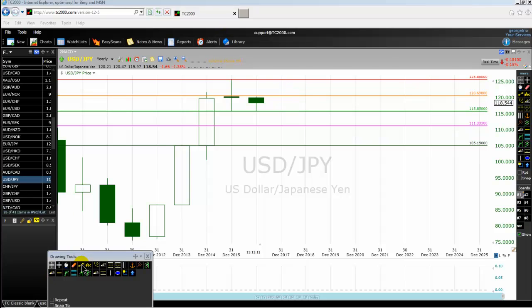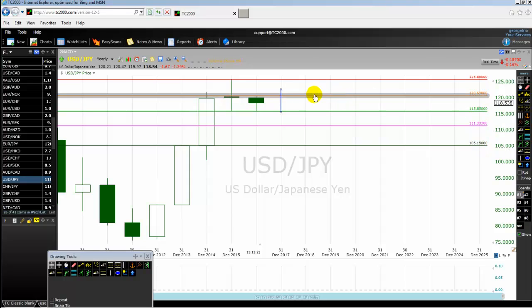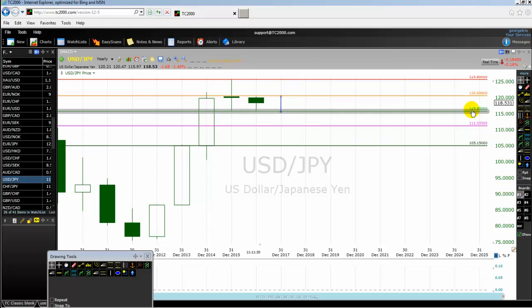If the price is going down, we will give priority to sell signals up to the point that the price reaches the level of 115.85. So for dollar yen trading throughout 2016, priority to bearish signals below 120.69, up to the point where the price reaches 115.85.